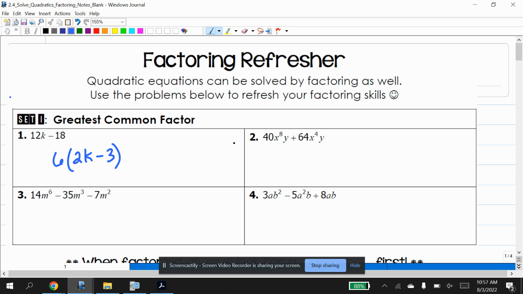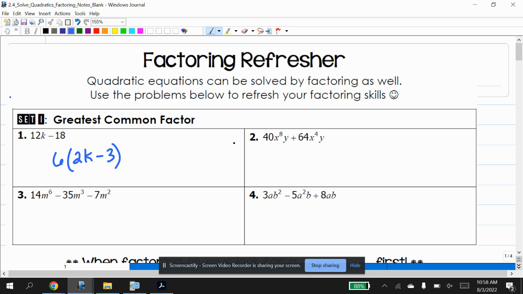All right, number 2, stepping right across, the same idea, it's GCF, but we have X's and Y's, and we got a bunch of them. Because we got an X to the 8th Y, and then we have an X to the 4th Y, and we got 40 and 64. So let's start with the number part, because that's the easier part. 8 goes into 40 5 times, 8 goes into 64 8 times, 5 and 8 don't have anything in common.